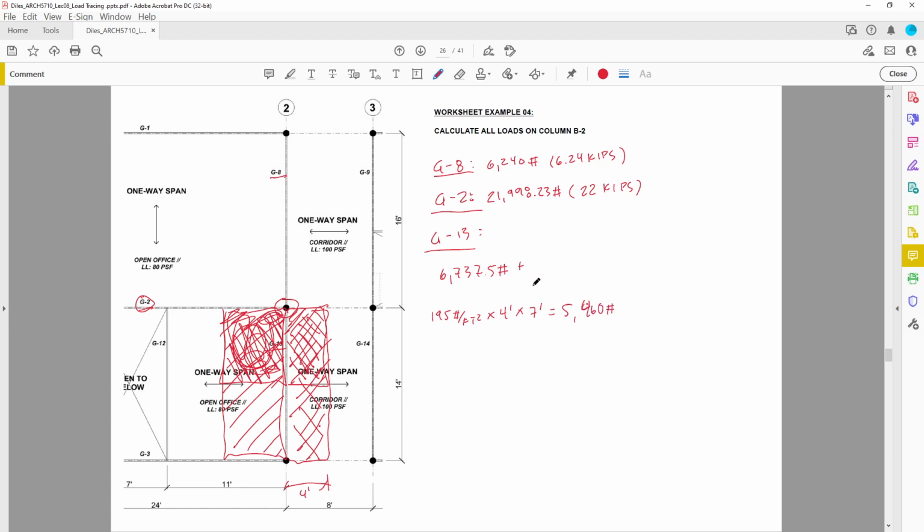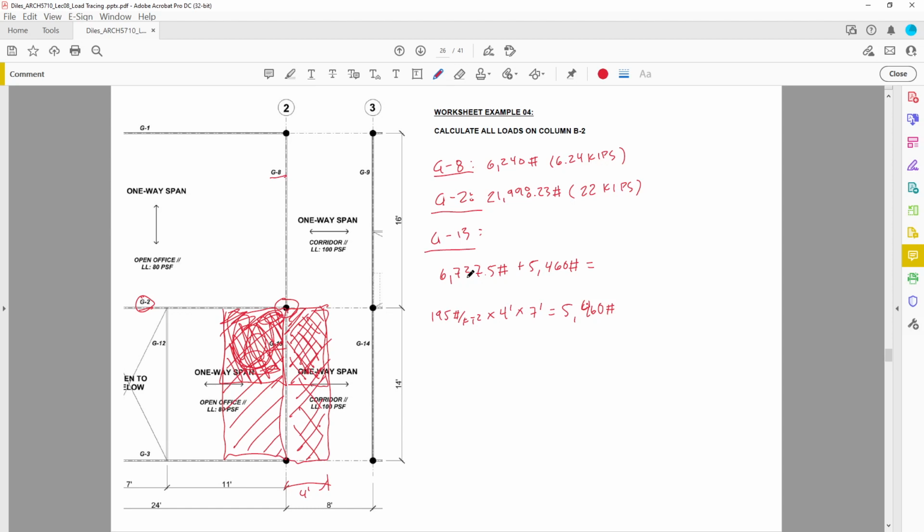All right, so let's add that to our overall load. So that's 5,460 pounds up here, plus 6,737.5. That's going to give us a total load. Wait, that's something I multiplied. Sorry, that looked really high. Hold on 1 second.